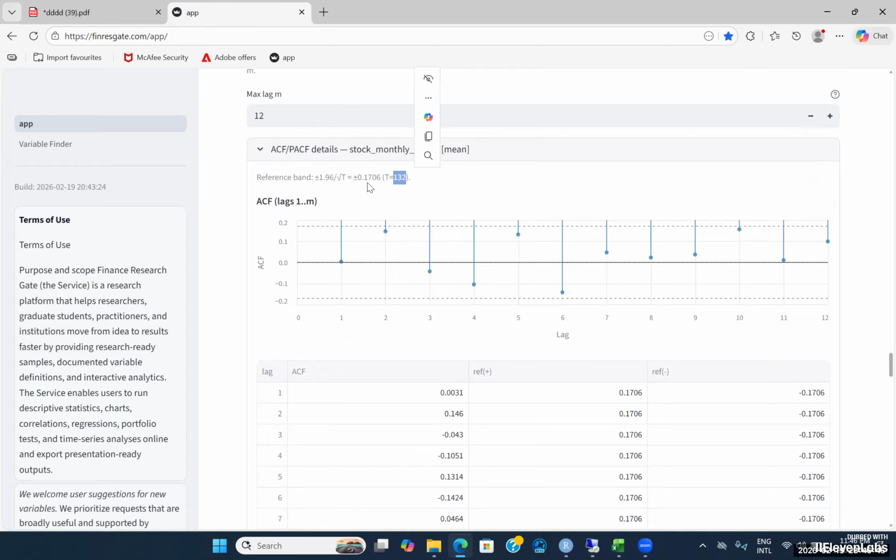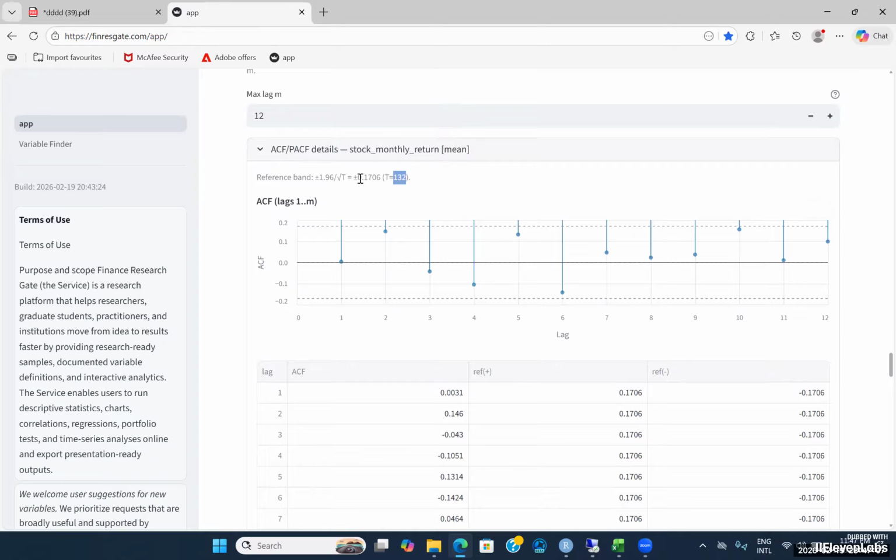Now, if the autocorrelation's absolute value is greater than 0.17, meaning it's either above positive 0.17 or below negative 0.17, then this indicates a significant value that we cannot afford to overlook. However, all of the autocorrelations we're seeing fall within this range, which means they're not statistically different from zero.